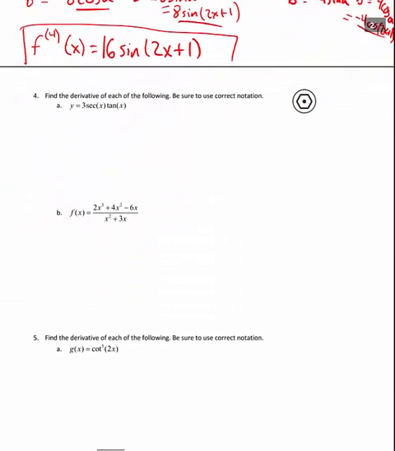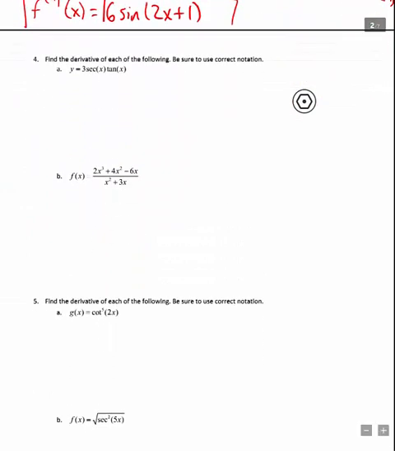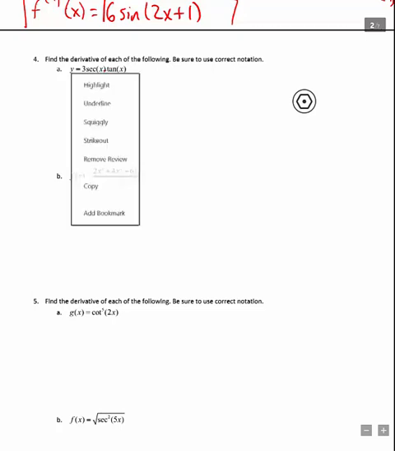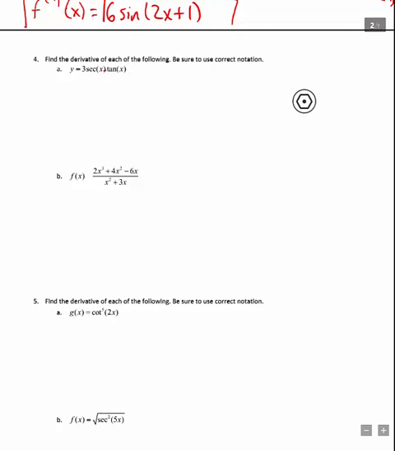Alright, question 4. We see 3 secant of x times tangent of x, right? We're multiplying. Anytime you see more than one x, generally you can think that it's probably going to be product or quotient rule unless you're adding and subtracting.